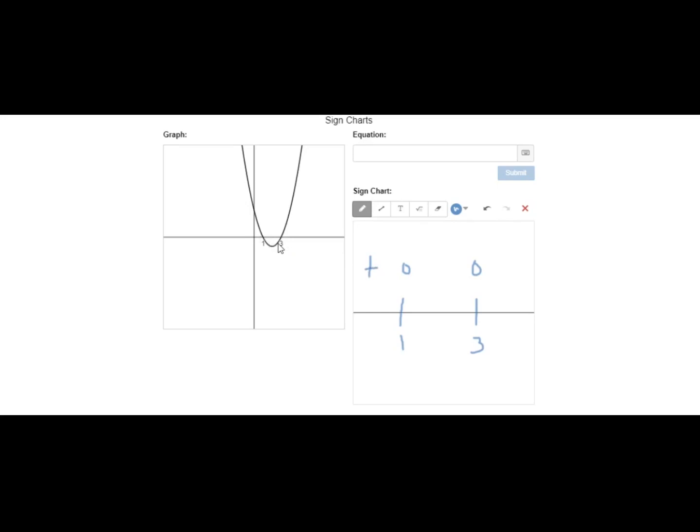Then between 1 and 3, I'm below the x-axis, so I'm going to call that negative, minus sign. And then on the right side of 3, I go back to being positive, so I put a plus sign. So this is how you can create a sign chart using Desmos.